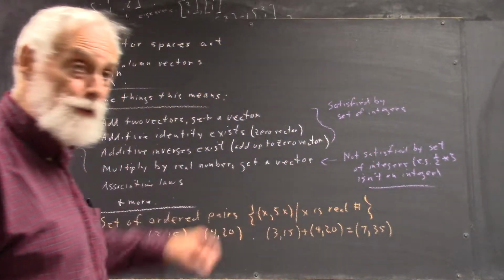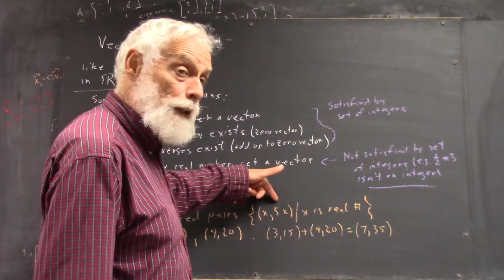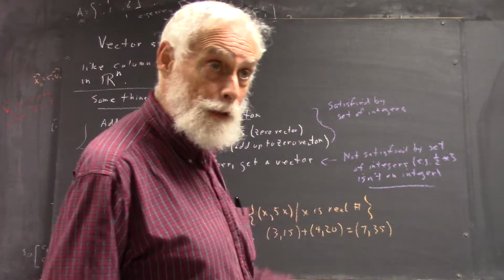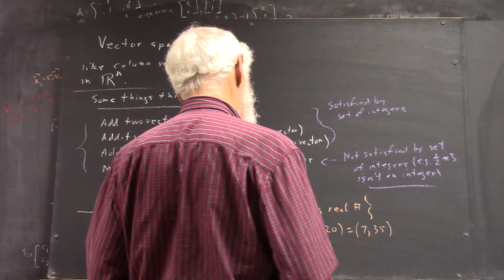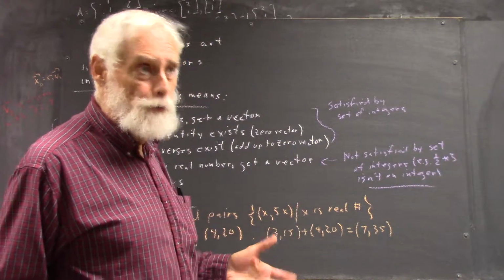Well, is that in this set? Yeah. If x is 7, 5x is 35, and that's it, right?